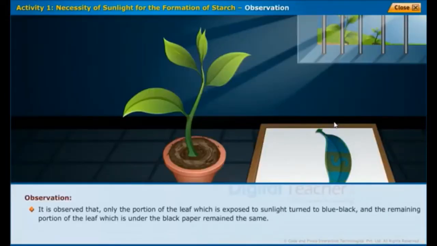It is observed that only the portion of the leaf which is exposed to sunlight turned to blue-black and the remaining portion of the leaf which is under the black paper remained the same.